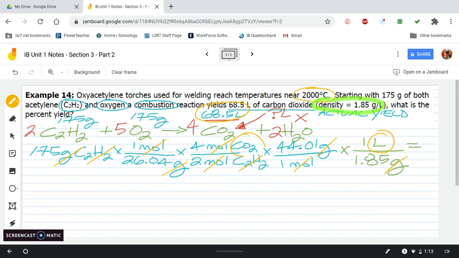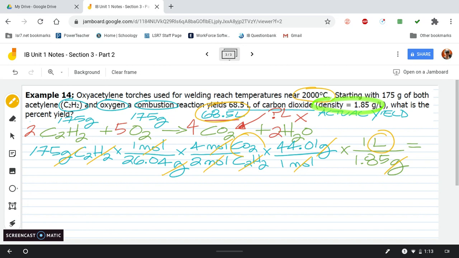Because we want to compare to this number right here. Okay, so let's go ahead and run it through a calculator. 175 divided by 26.04 times 4 divided by 2 times 44.01, and then divided by 1.85. So that's going to give me an option, and then we are going to look at the second option.